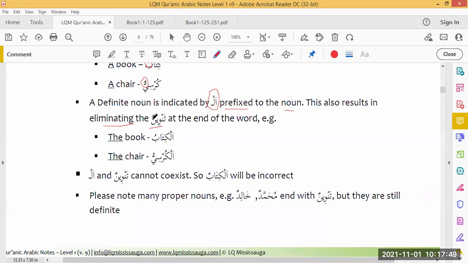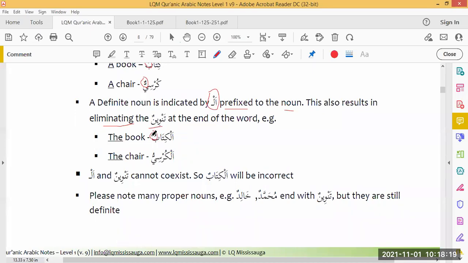Alif lam will eliminate the tanween of the noun, and it will have only a single vowel at the end of the word, like al kitabu. Above we learned kitabun. Now we fix it: al kitabu. So it is taking one dhamma.